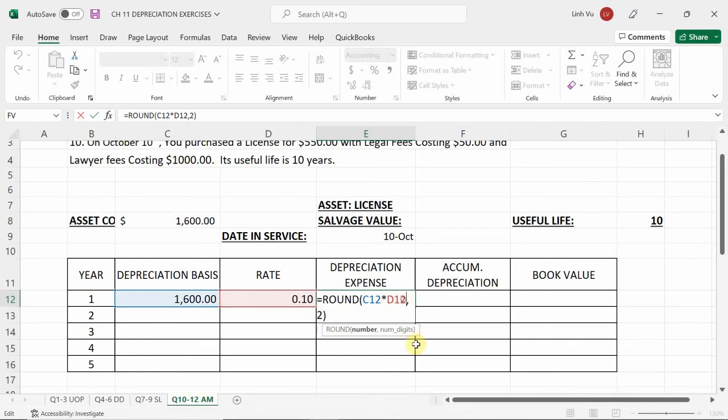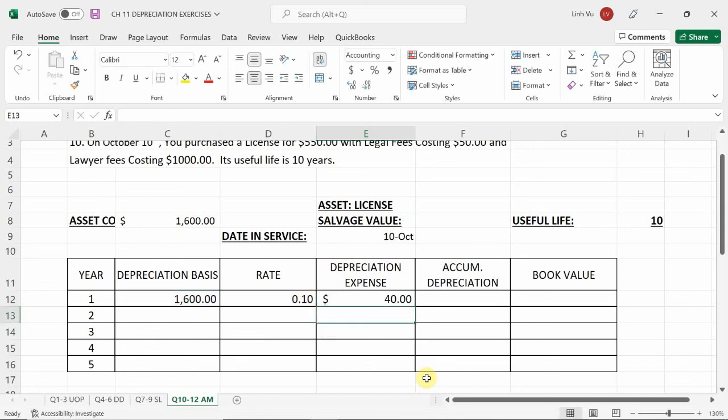How much can I depreciate it for? So 3 out of 12. 0.25. So 0.25 times 160 gives you $40.